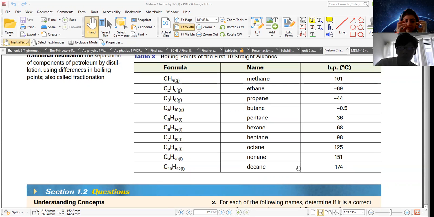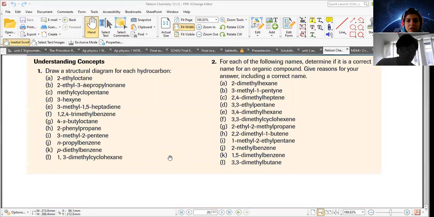You have more electrons, more protons, meaning the van der Waals force between the two molecules increases. If it's getting bigger, it means it's harder and harder to take them away. It means the boiling point is going to increase as your molecule gets larger and larger.